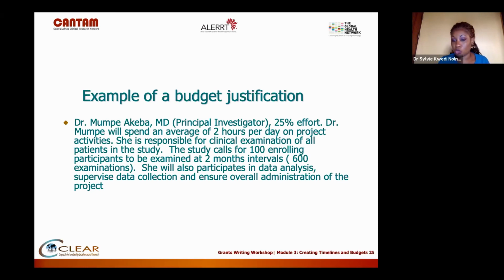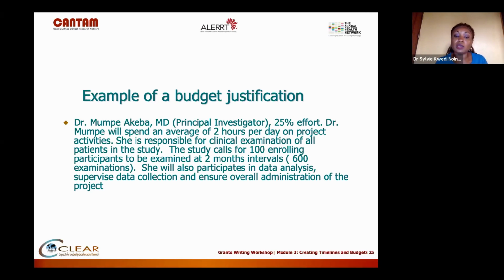You're not supposed to just be overseeing one research project. So for this particular one, I said that I would need Dr. Mompe Akeba to provide 25% effort. And how do I justify this 25%? I say that Dr. Mompe will spend about 2 hours per day on project activities on average.